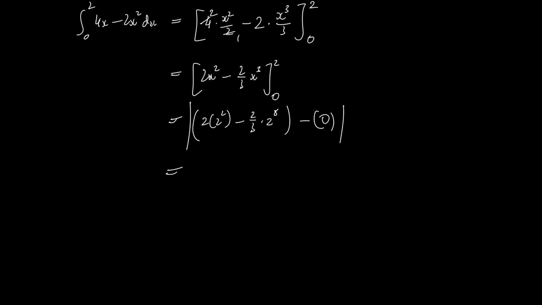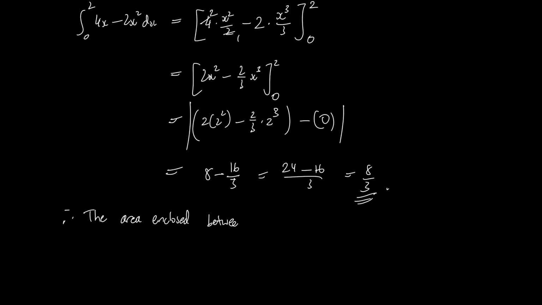Absolute value of that, we get 8 minus 16 over 3, which is 8 over 3. Therefore, the area enclosed between y equals x squared and y equals 4x minus x squared is 8 over 3 units.